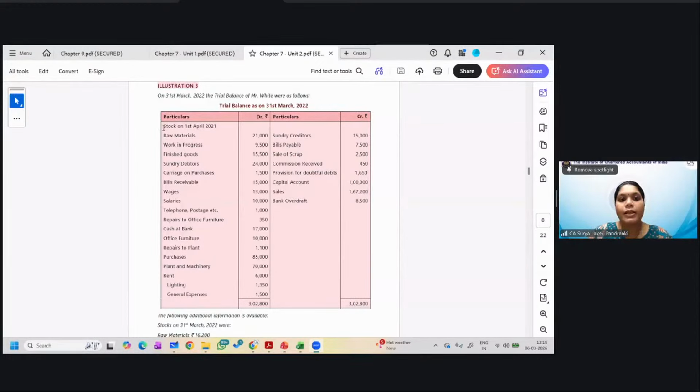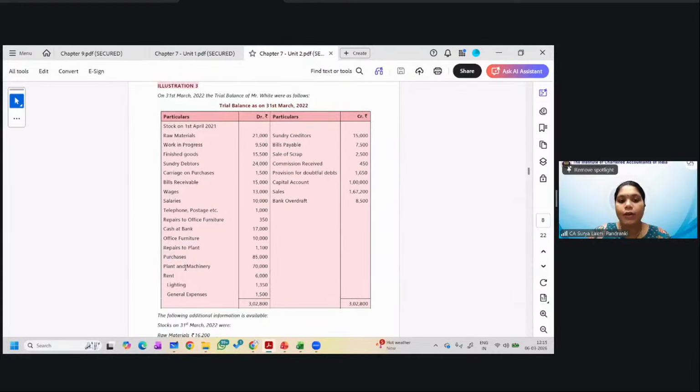Now you see they have given you opening stock of raw materials, work in progress, and finished goods. And we have debtors, carriage on purchases, bills receivable, wages, salaries, telephone, repairs, cash at bank, office furniture, and repairs to plant. This repairs to plant will again go to the manufacturing account.